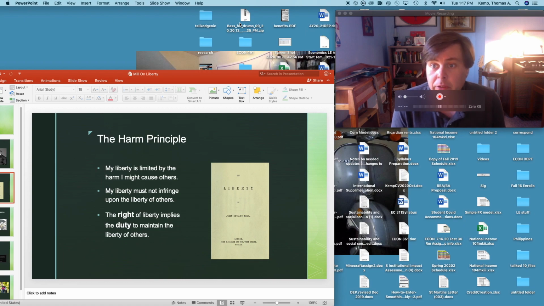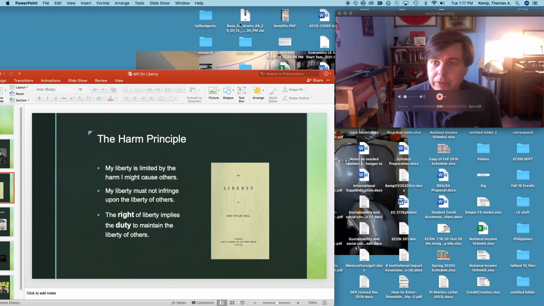Putting this another way in terms of rights and duties, the right of liberty, so the right of existence in a liberal society, implies the duty to maintain the liberty of others. Because of course, if my liberty is unlimited, what's to stop me from choosing to poke my neighbor in the eye, to drive my car over their lawn, to hold a party in their living room while they're trying to sleep?